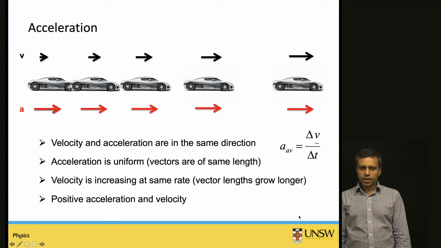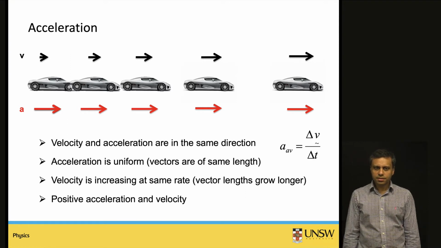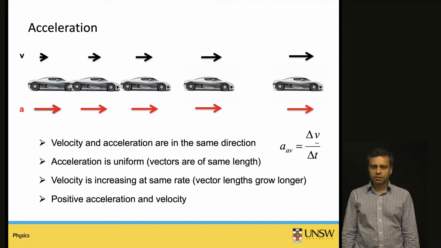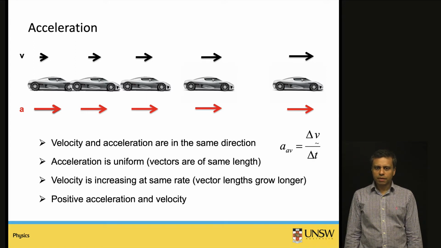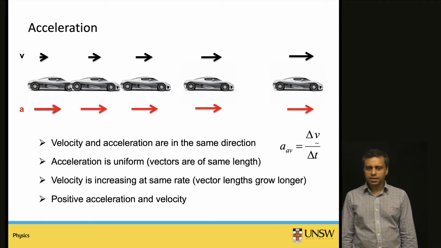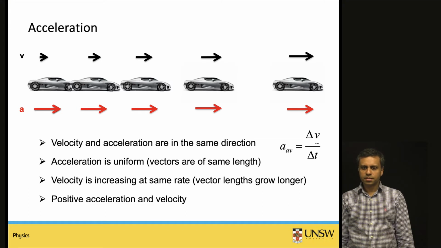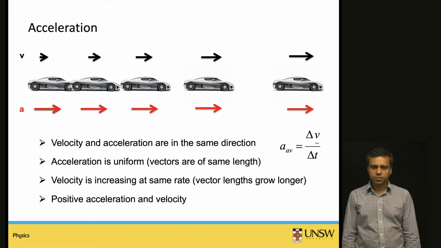So why is the acceleration positive in this case? Because the final velocity is greater than the initial velocity, so that delta v gives us a positive quantity, and delta t time is always positive. So the average acceleration delta v over delta t is positive in this case. So the acceleration is positive.